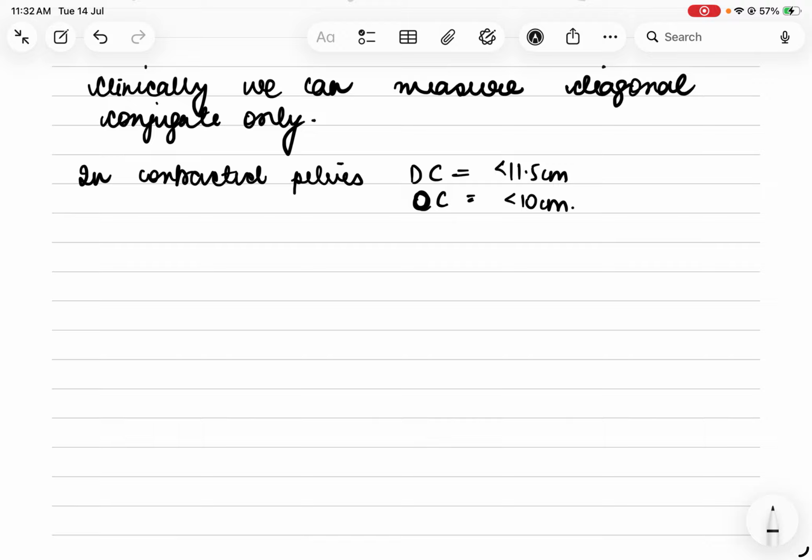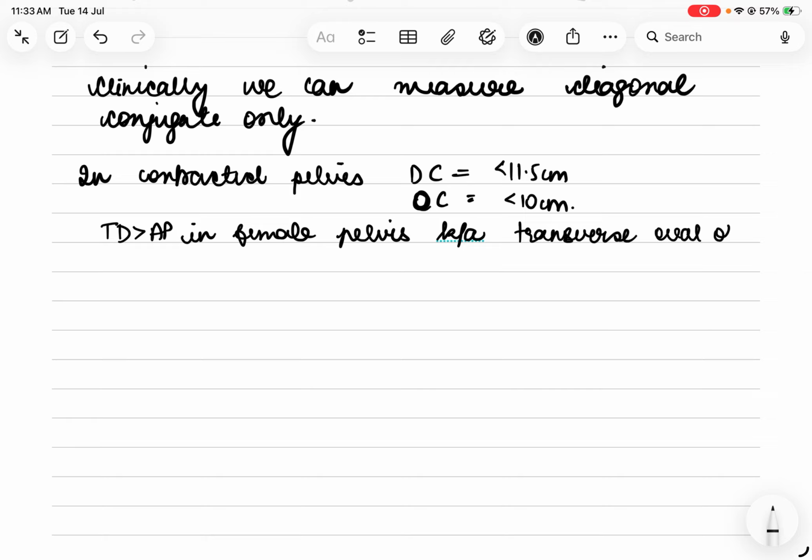In the female pelvis, the transverse diameter is more than the AP diameter, and this is known as transverse oval or gynecoid pelvis.